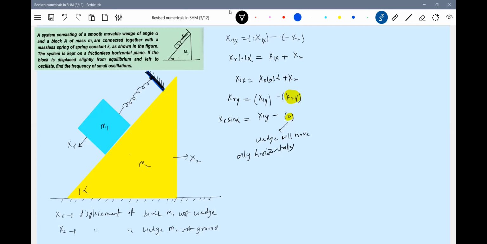So I got x1y and x1x. If I differentiate these, dx1x by dt, what do I get? The speed of the block with respect to the ground along the x-axis. First, you have to get the expression.